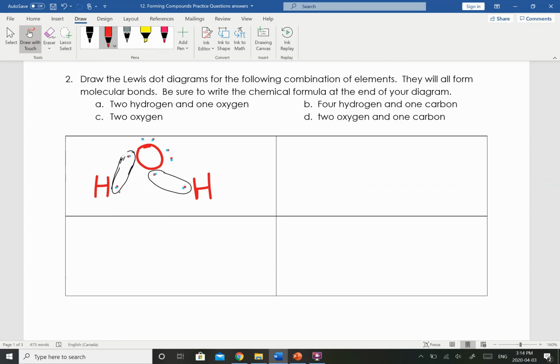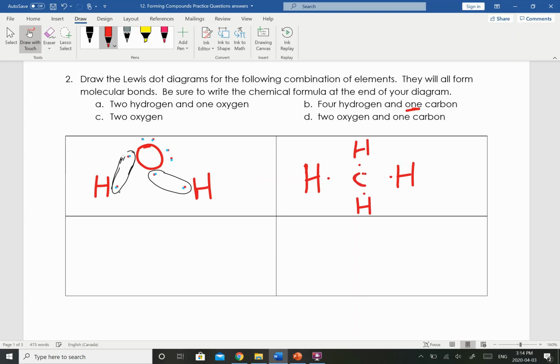So B, we have 4 hydrogens and 1 carbon. I'm drawing it like this to show that it's just easier to lay it out. Usually, whichever you have less of will be in the middle of your element or your compound, and the others will be around the outside.